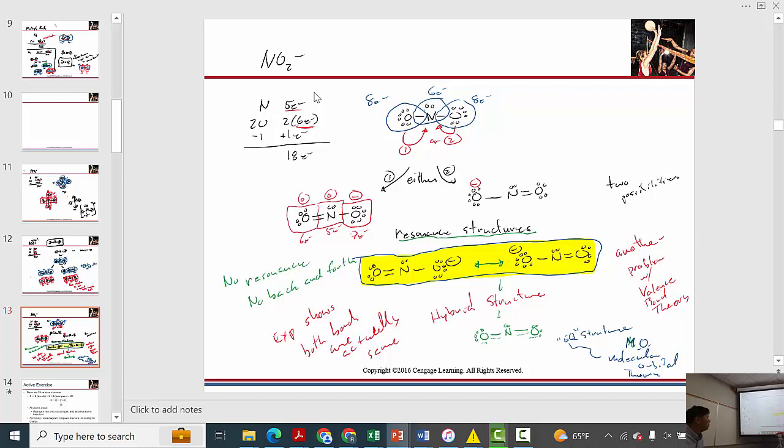And so we say two resonance forms in this particular case. There are two, sometimes we have more, two resonance forms. And so we draw the two resonance forms, like so.